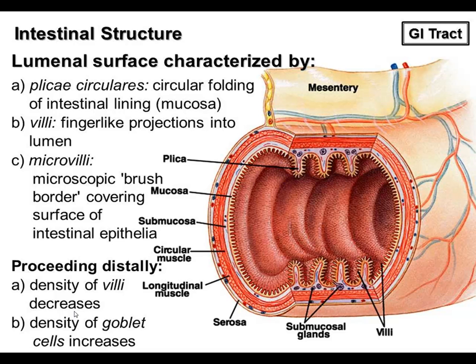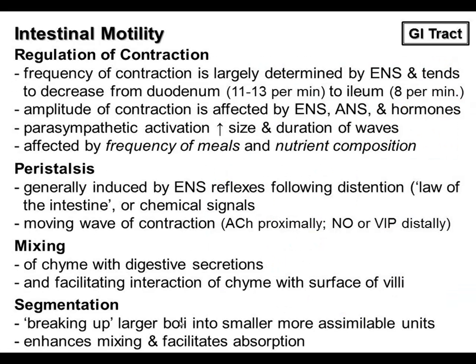Proximally we have more villi, which enhances the absorption. Sounds good? We need to remember those facts about the plica circularis, about the villi, about the microvilli. We also need to understand that the more distal you go down, then the less villi and more mucus secretion. That's why we have the goblet cells, which are our mucus secreting cells.